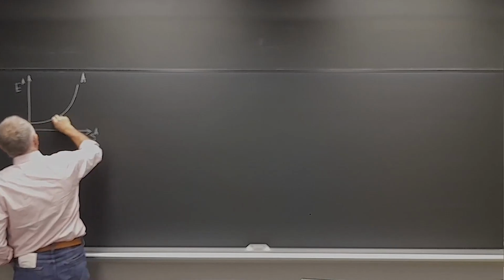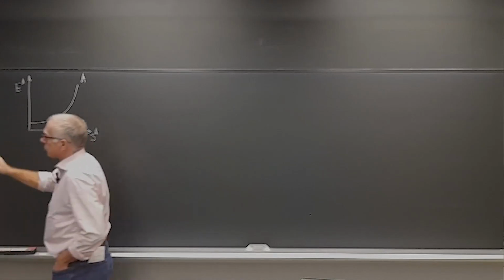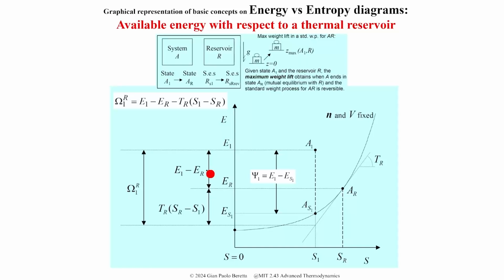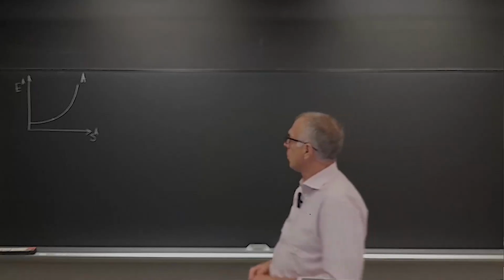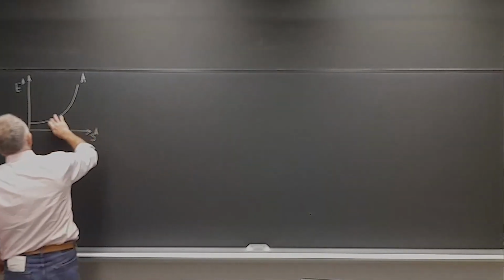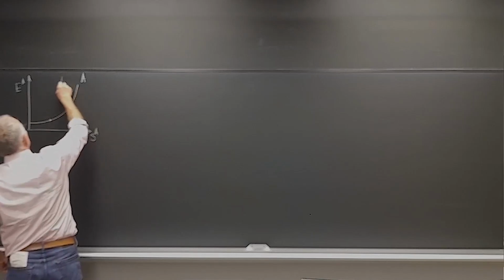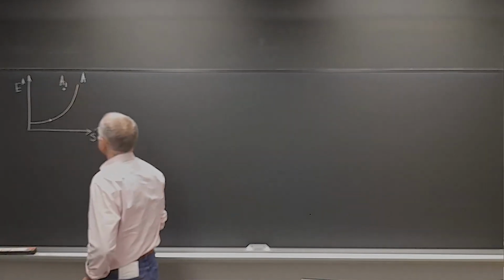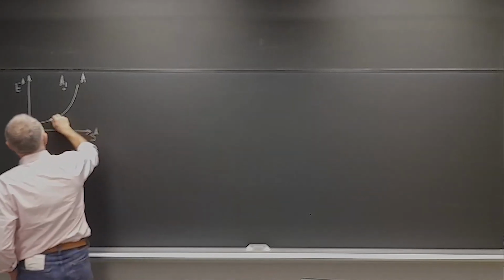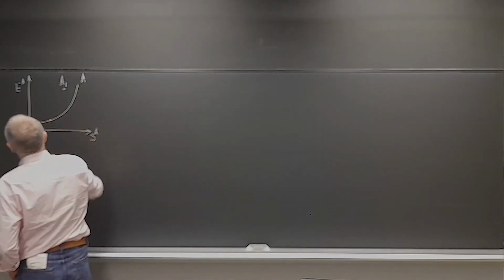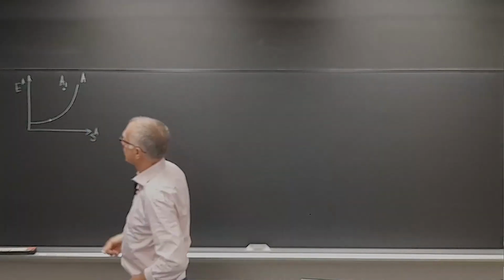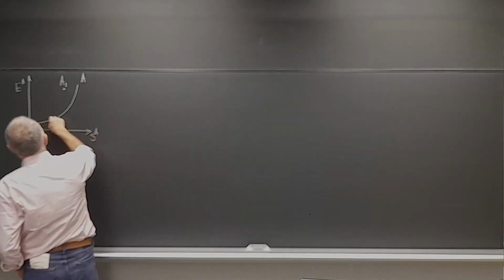And this time, as you see in the view graph, state A1 is to the left of the final mutual equilibrium state with the reservoir, which is AR. So I'm going to do it just for a change differently. I assume now that the state is here, A1, and that the final state, when I reach mutual equilibrium with the reservoir, is going to be here.